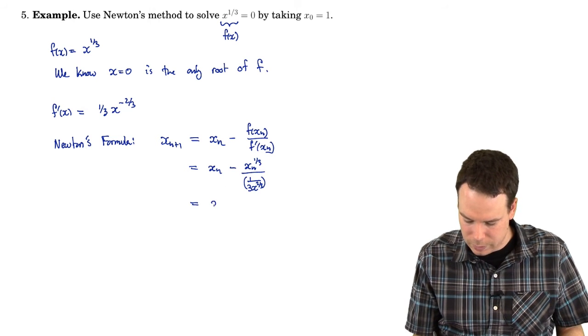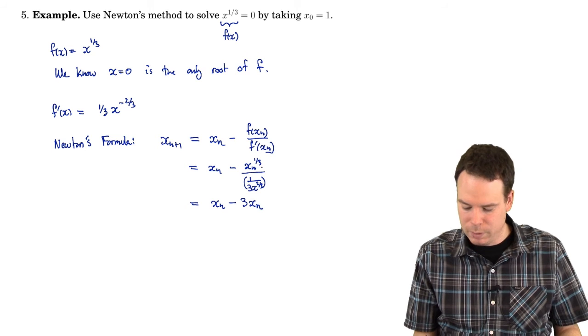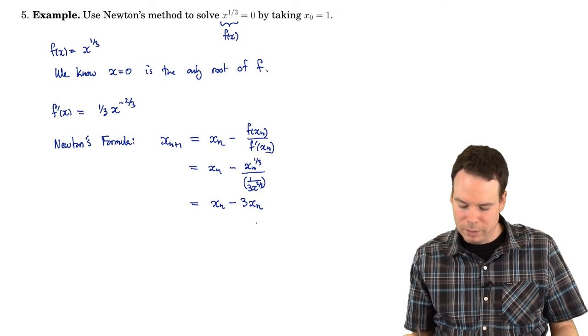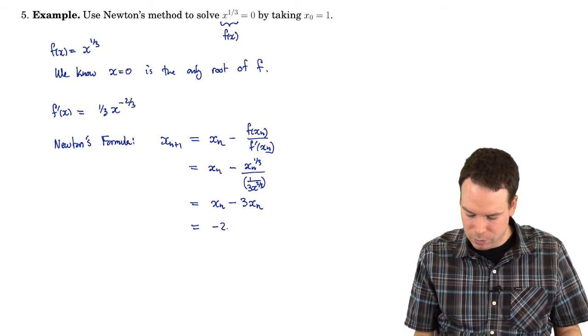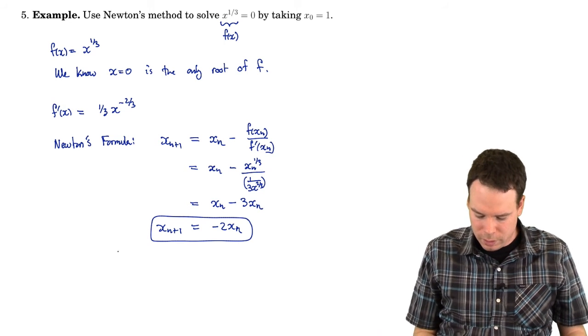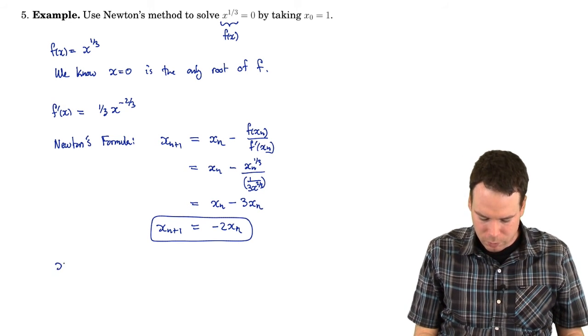And that becomes xn minus 3xn, because that xn to the 2/3 can come up, combine with the xn to the 1/3 to give us an xn to the 3/3, which just becomes xn. So this becomes negative 2xn. So there's a nice compact expression for Newton's iterative formula.